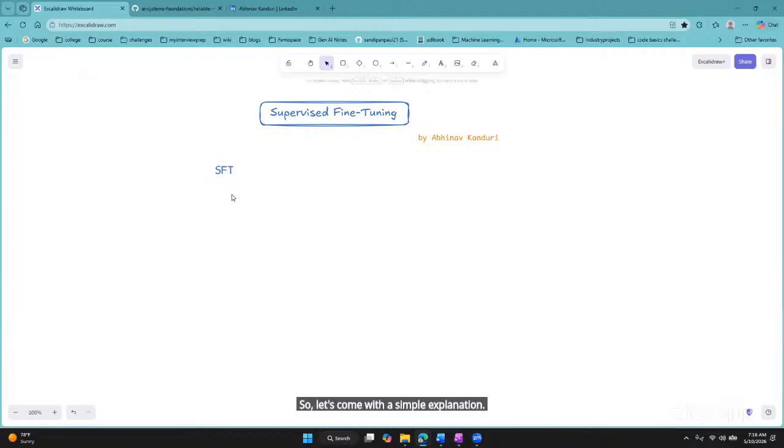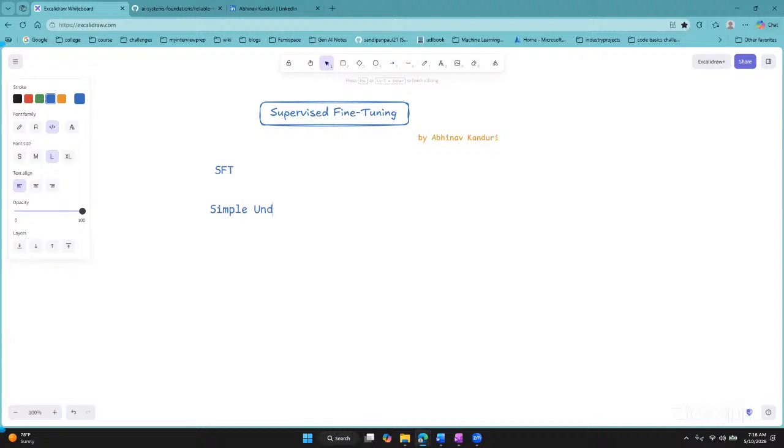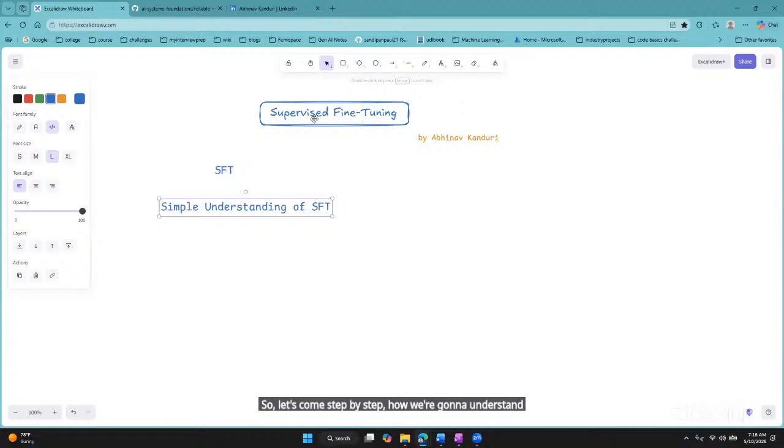So you have a base LLM model. Let me draw a flow chart for a simple understanding of SFT. Let's go step by step to understand supervised fine tuning.